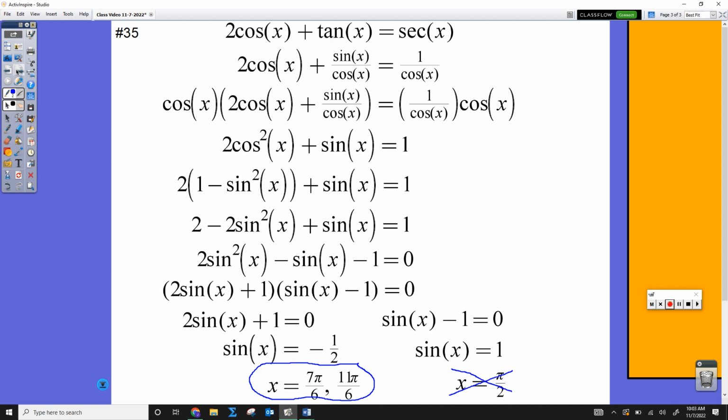The other thing I want to mention real fast is never divide by a variable. So if you had a problem like cosine squared x minus cosine of x equals 0, we would not add this cosine and move it over to the right side.